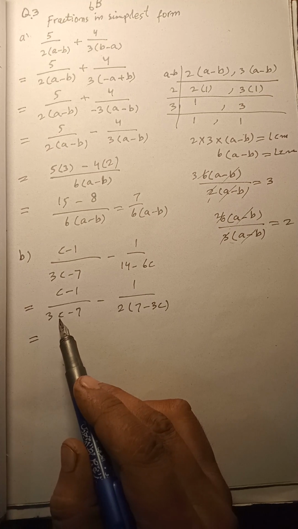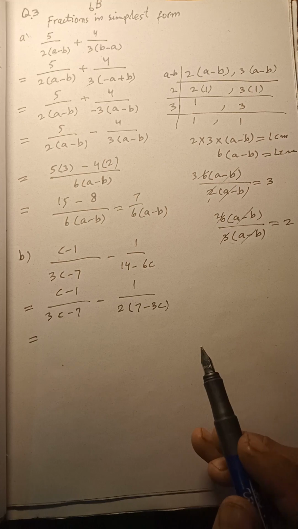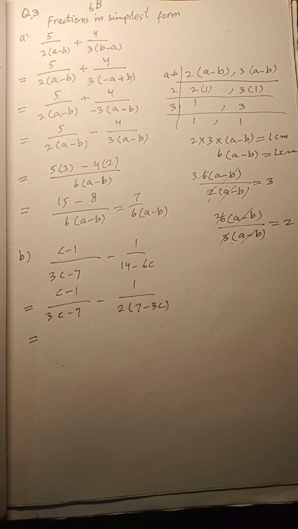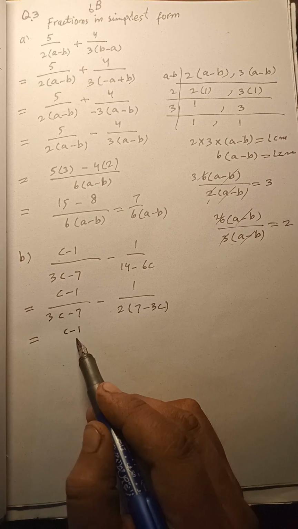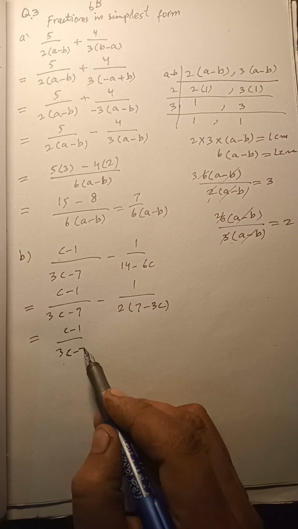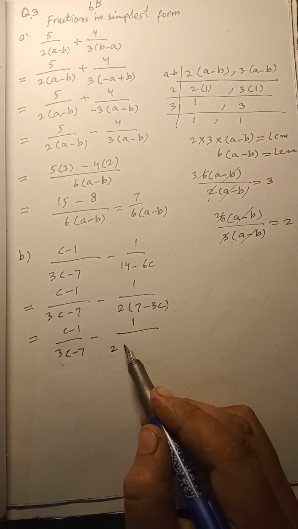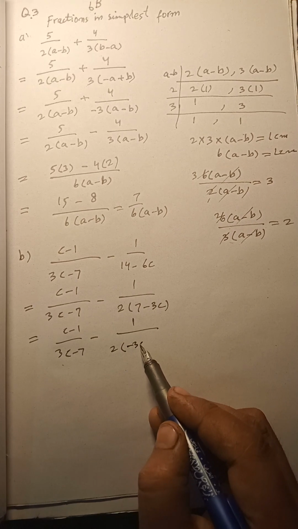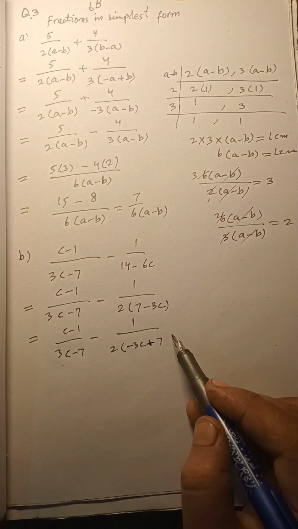You can change the arrangement of this denominator as well, and then we will take its LCM. Now see here, (c minus 1) over (3c minus 7). I am going to change the arrangement of this denominator to 2 into (minus 3c plus 7), just like the first part.